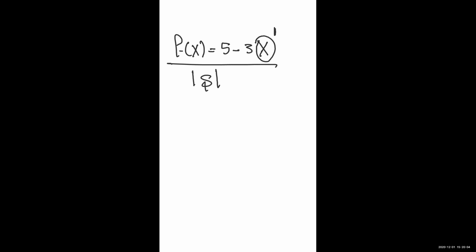Now mention the degree of each of the following. f of x equals 5 minus 3x. Now, in this one, do we have a variable like x or y or whatever? Yes, at which power? 1. So this is a linear function, the first degree.